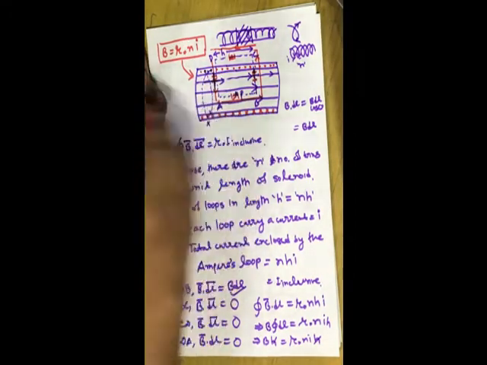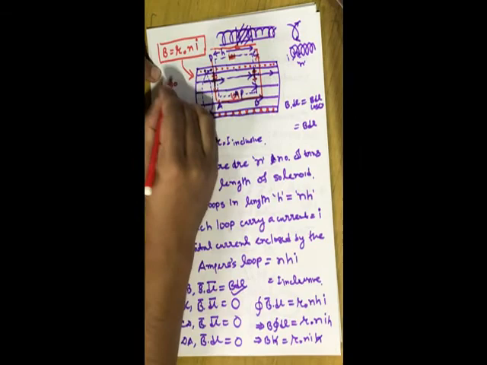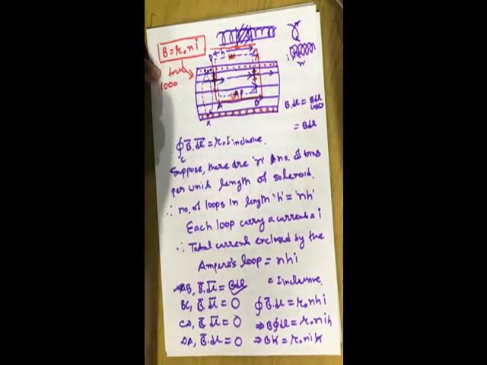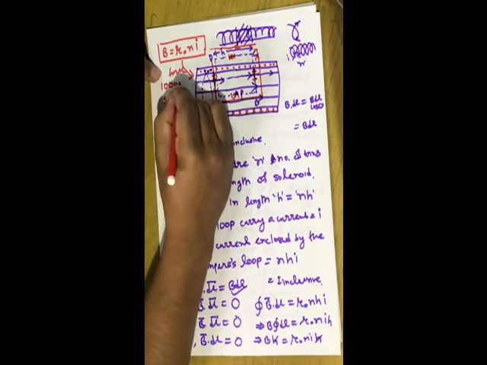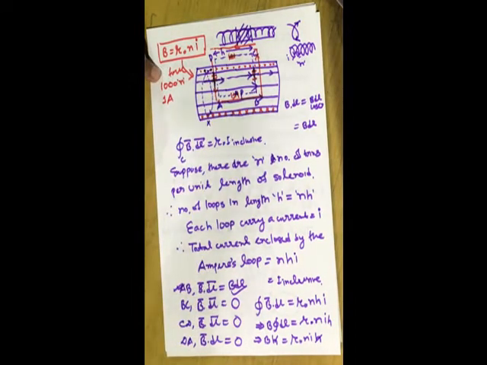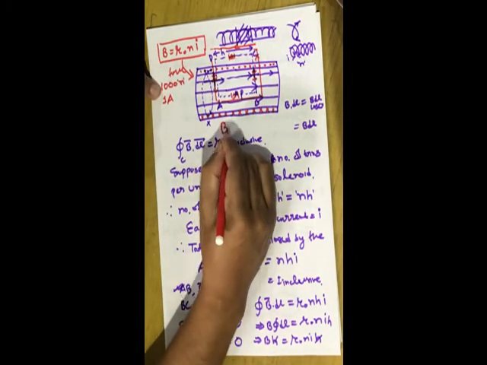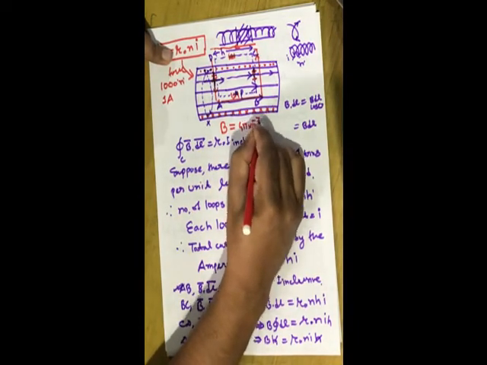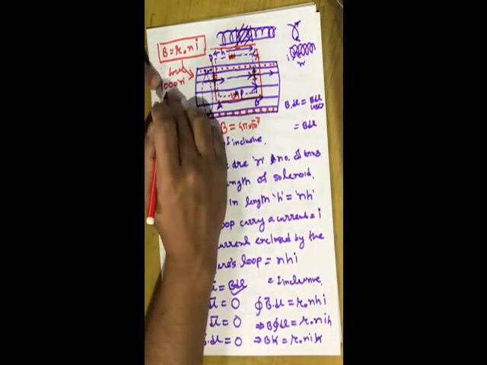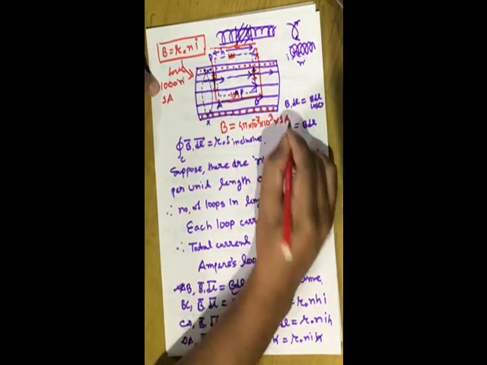Suppose you are given a solenoid and you are told that there are, say, 1000 turns, and the current flowing through each turn is equal to 1 ampere. So the number of turns per unit length is n, and there is 1 ampere of current. So the magnetic field will be B equal to mu naught, which is 4 pi into 10 to the power minus 7 Tesla, times the number of turns per unit length, say 10 to the power 3, times 1 ampere of current.